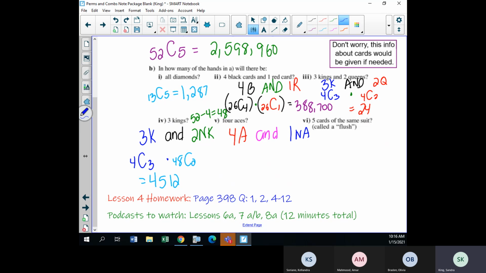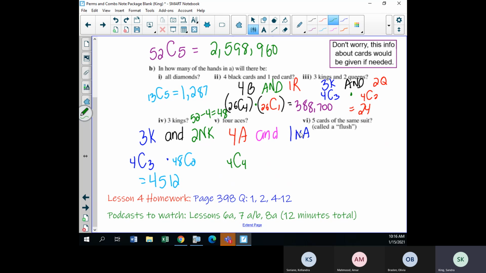Okay, how many aces, Haley, are in a deck of cards? Do you know? So there's like 4 kings, there's 4 queens, there's 4 nines, there's 4 eights. There'd be 4 aces. So that would be 4 choose 4.